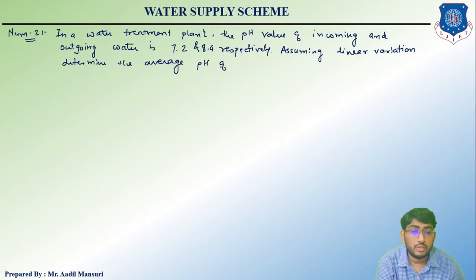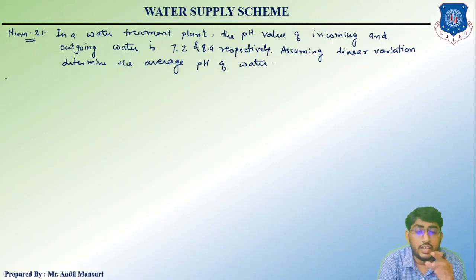So the question says in a water treatment plant the pH of incoming water and outgoing water is 7.2 and 8.4 respectively. Assuming linear variation, we need to find out the average. So what will be the average of the pH? Average would be 7.2 plus 8.4 divided by 2.